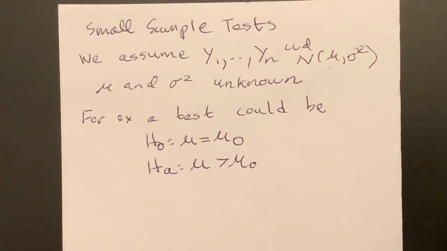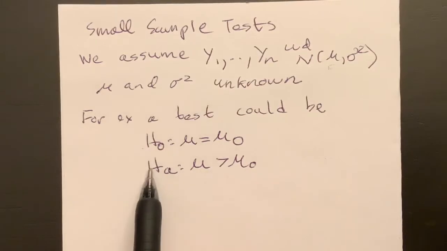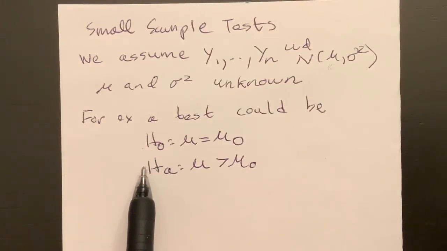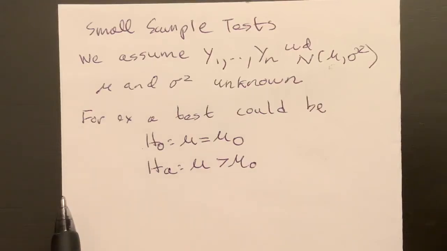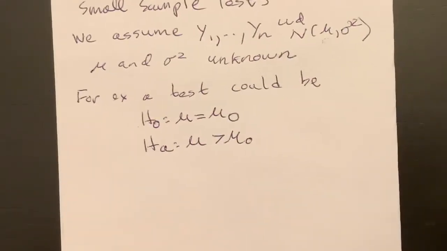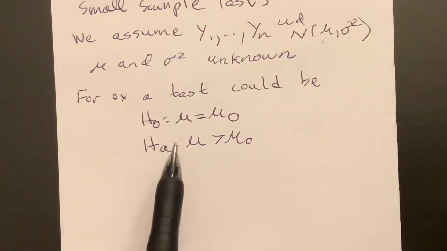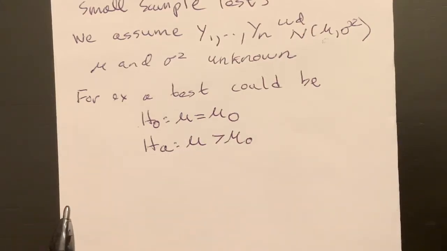Okay, so if this is the null and alternative hypotheses, then we need a decision rule. We need a test statistic and a rejection region, which will decide between these two. The natural estimator for mu would be y bar, but instead of using just y bar, we'll use a transformation on y bar.